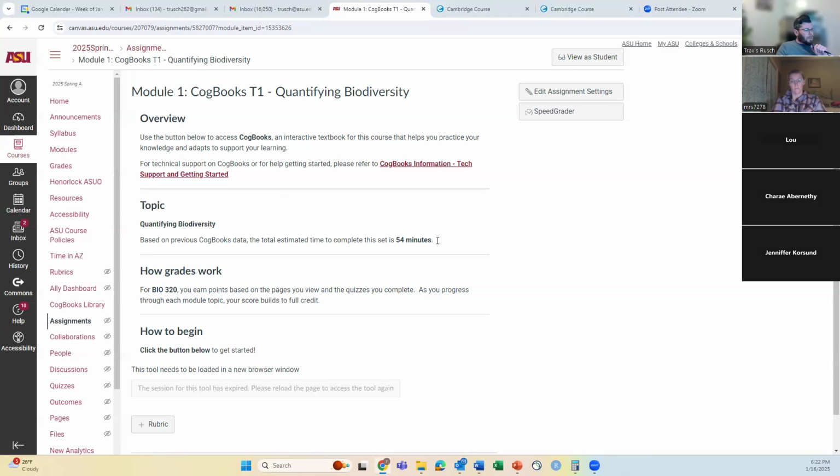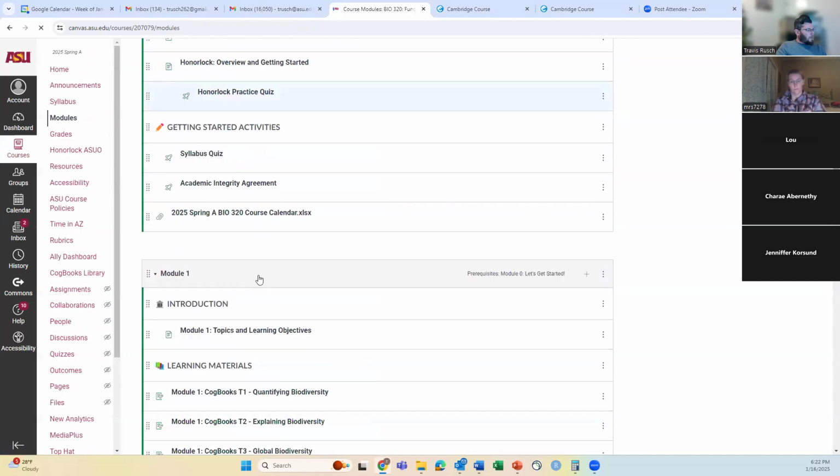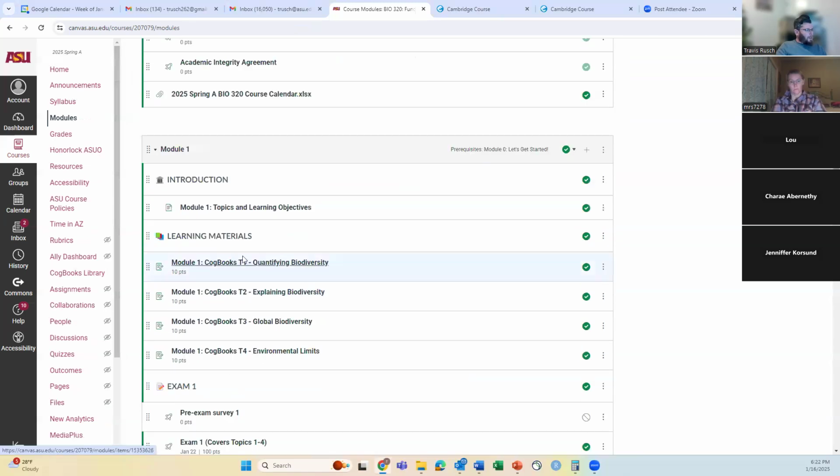So is there a way to see a list of the content in the course so that we can go back later and review supplemental materials? Sort of. If you go into the modules tab, for each topic, like module 1, T1, there are 4 modules for this exam.